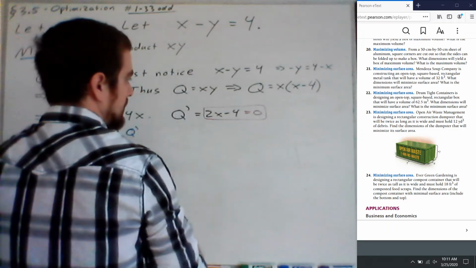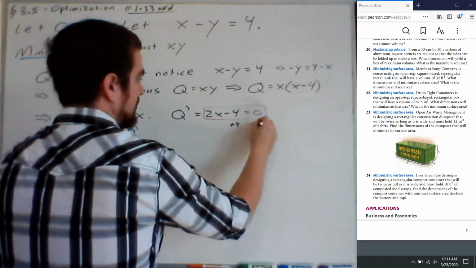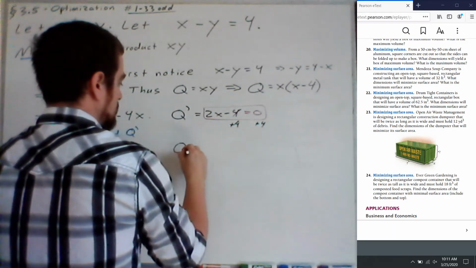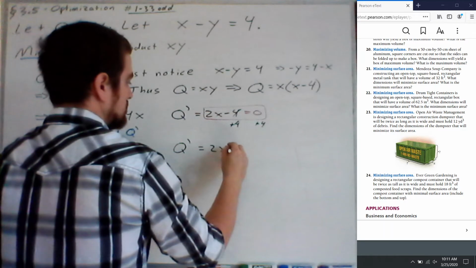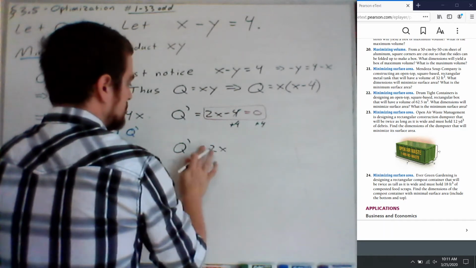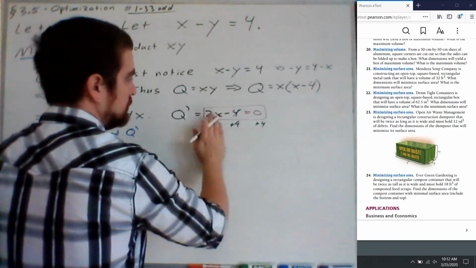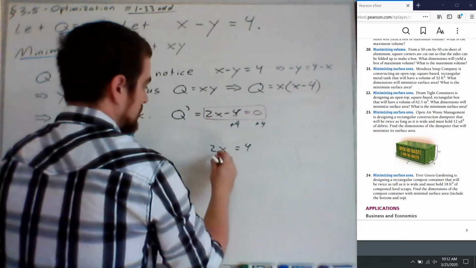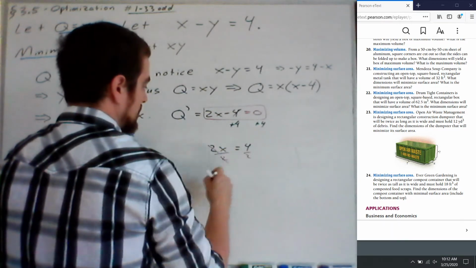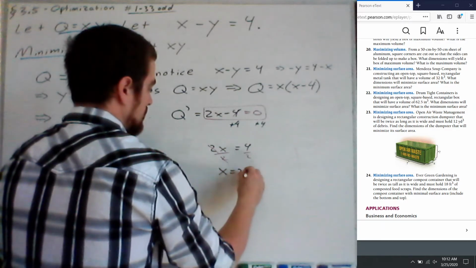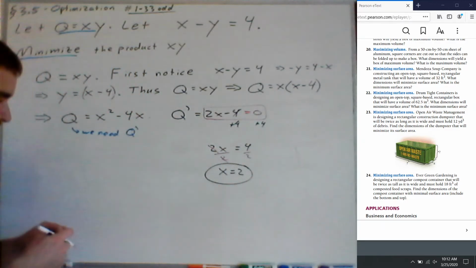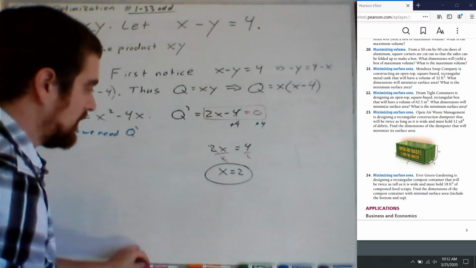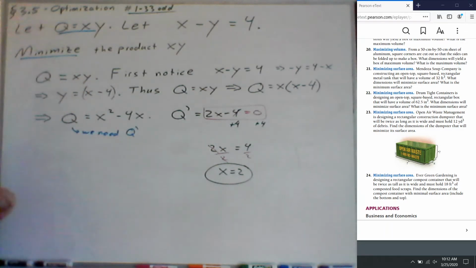This one's not too terrible, right? We'll add 4 to both sides. So 2x equals 4. Divide by 2 so that x is equal to 2. All right, we found one of these numbers that will help us minimize this product.